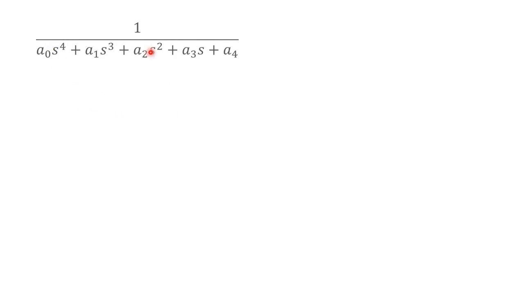Here I have an example like this. So this denominator is called the characteristic equation, as we already knew. So now we will put this whole thing equal to 0. Our first step, we have to put this equal to 0. Now we have to write like this: s raised to the power 4, then below that s raised to the power 3, then 2, then 1, then s raised to the power 0.